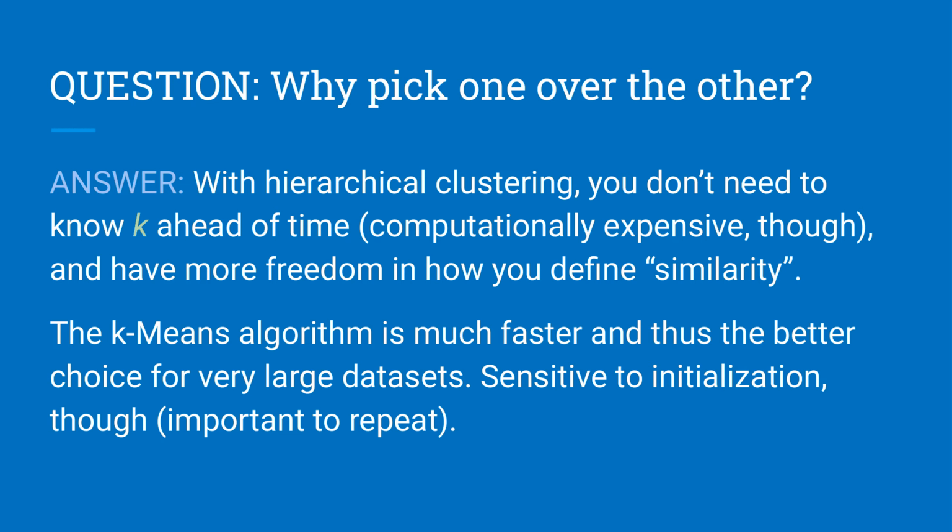Hierarchical clustering is much more computationally expensive than k-means, and therefore k-means works more quickly for very large datasets. Dendrograms also become quite difficult to interpret as you increase the number of observations in your data. Another benefit of using hierarchical clustering is that you have more freedom in how you want to define similarity, whereas with k-means, you're restricted to using Euclidean distances.